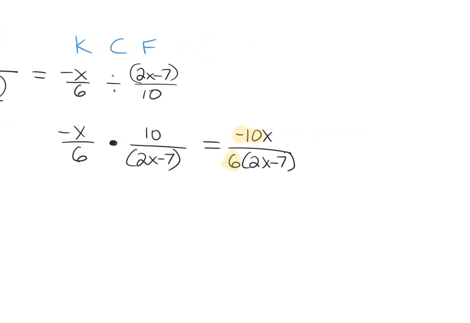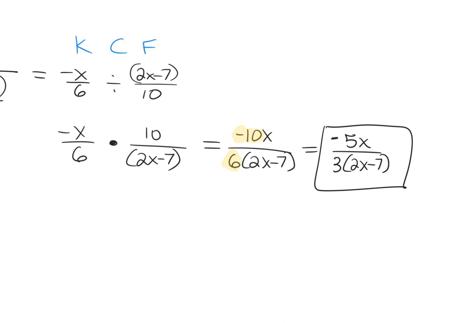They're both just factors. They're not adding or subtracting with anything. So we can reduce them both by 2, right? So we would have negative 5x over 3 times 2x minus 7. That's the most I can reduce it down. And so I'll leave it like that.